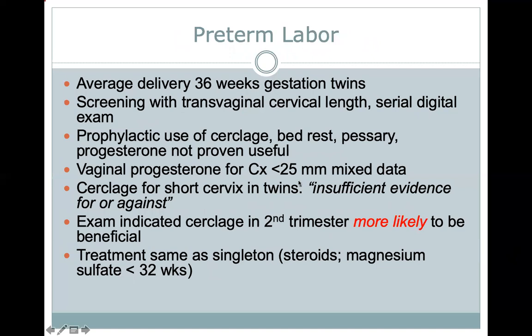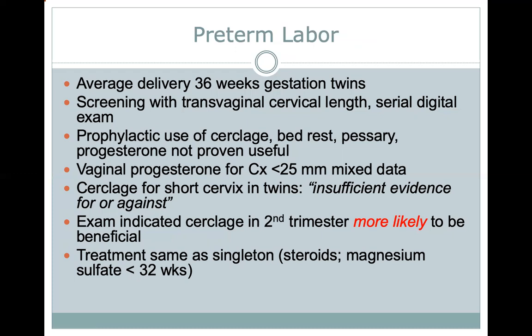Busy slide, but I'm going to walk through this because there's several important things, and this is unfortunately a confusing area even for those of us who practice maternal fetal medicine, because there's very little agreement on lots of this stuff. We know the average delivery timing is around 36 weeks for twins. How do you screen for preterm labor? Well, in singletons, we do cervical lengths.